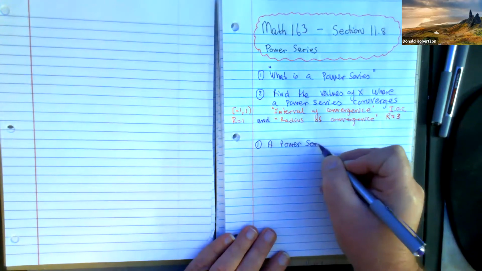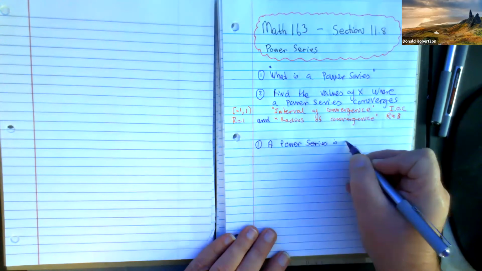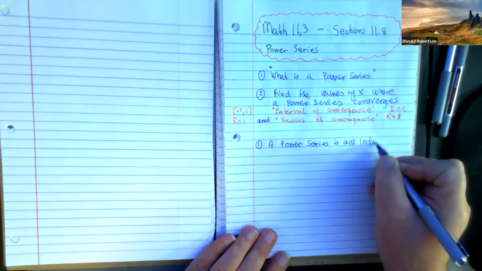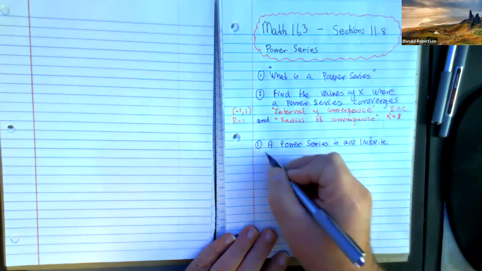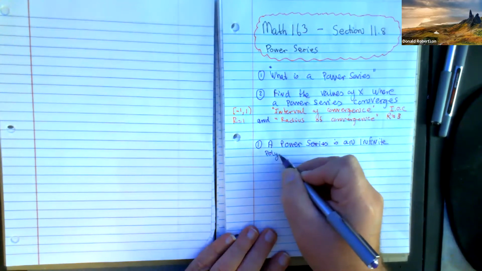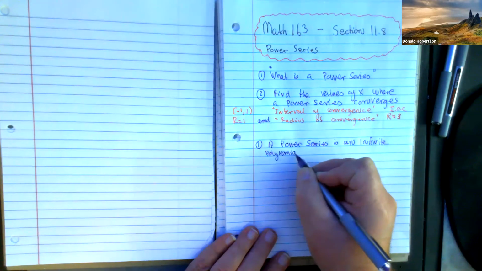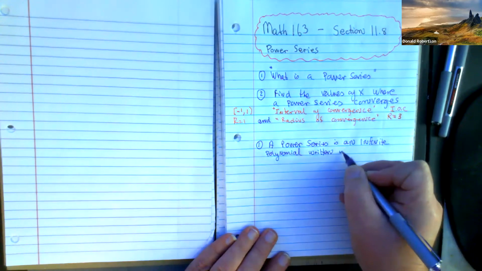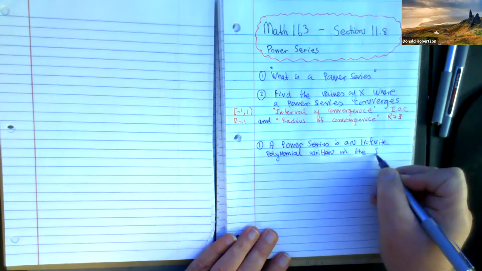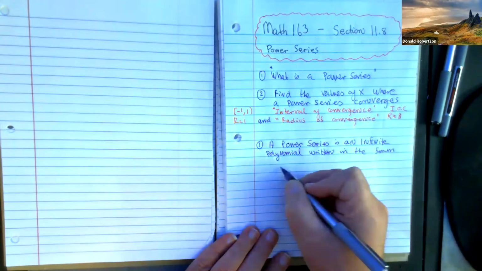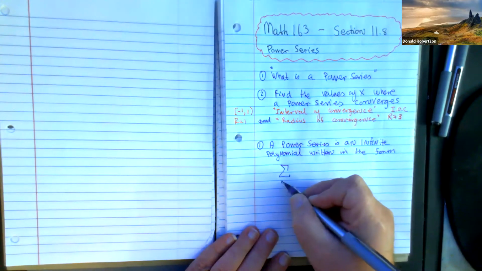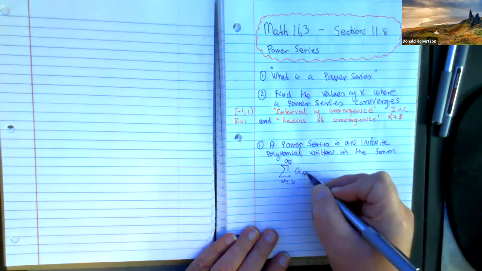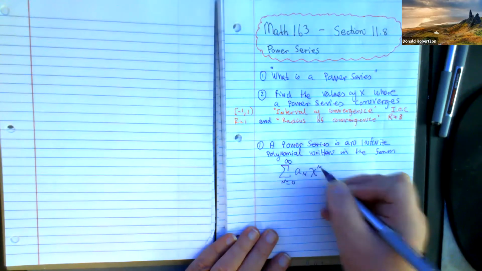Power series is an infinite polynomial written in the form sigma n equals 0 to infinity a_n x to the n.